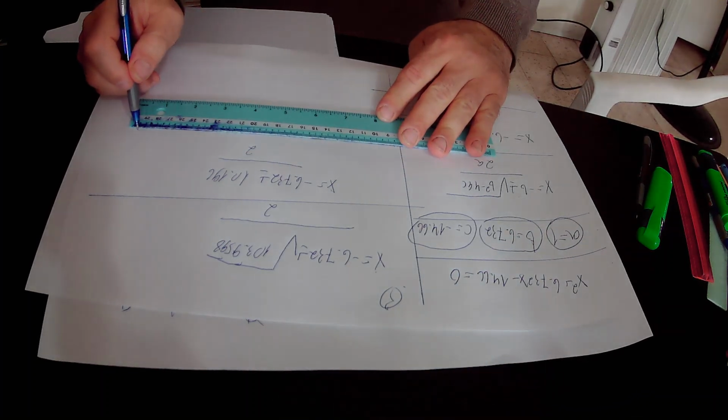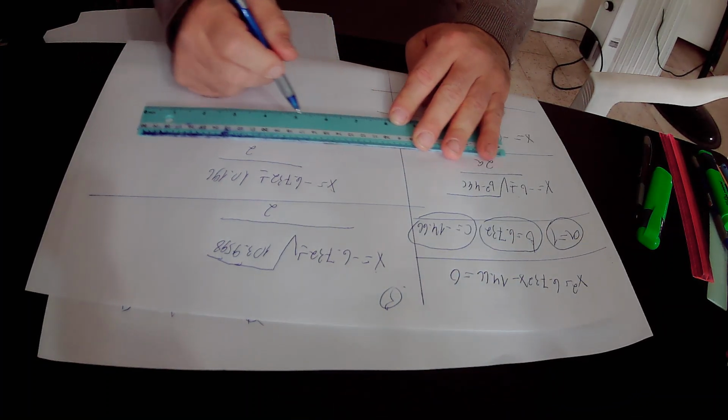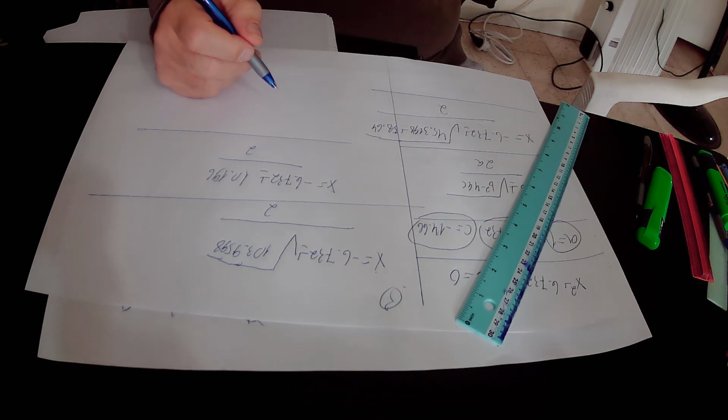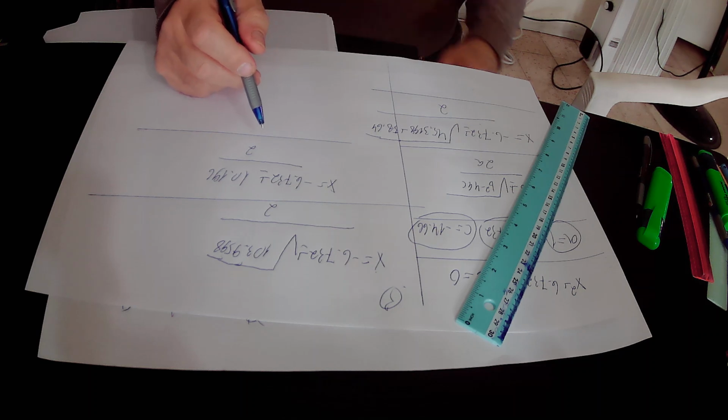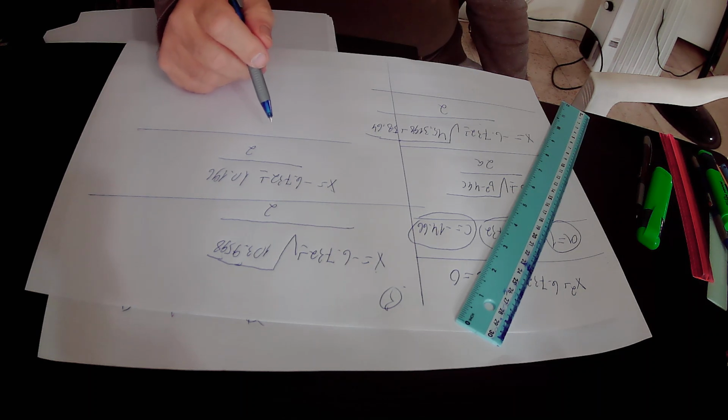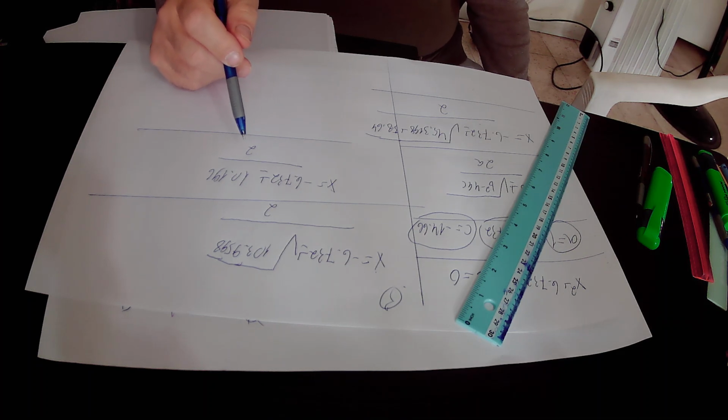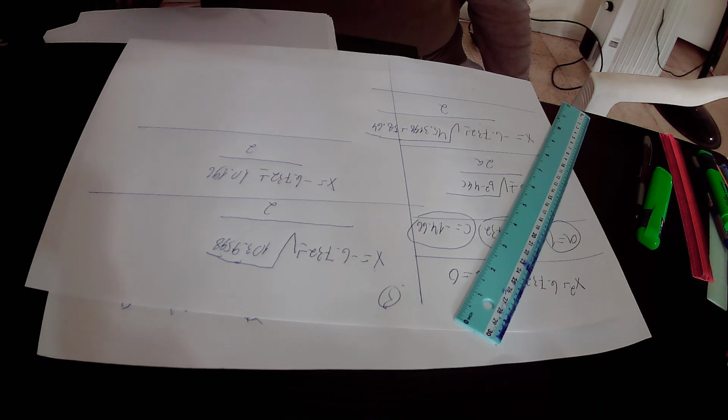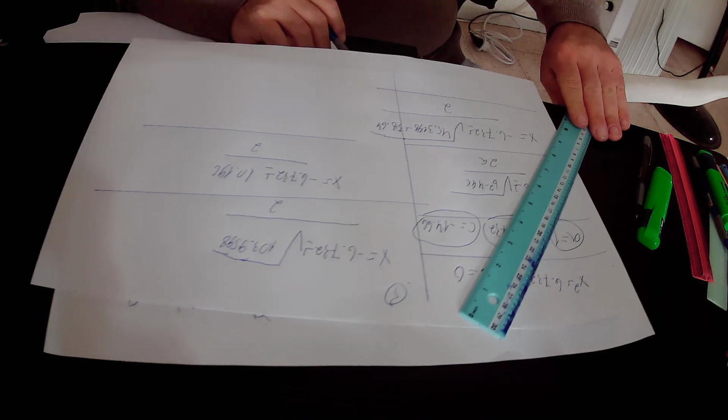So here we will have two possible solutions for x. One of those two solutions is a negative solution. Why? Because minus 6.732 minus 10.196 is definitely a negative number. But this negative solution is an incorrect solution. Why?